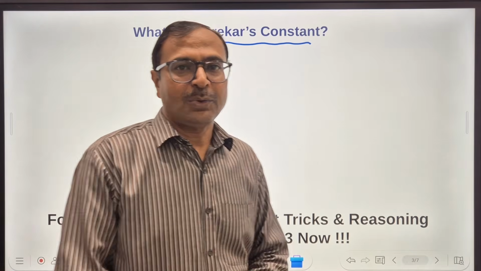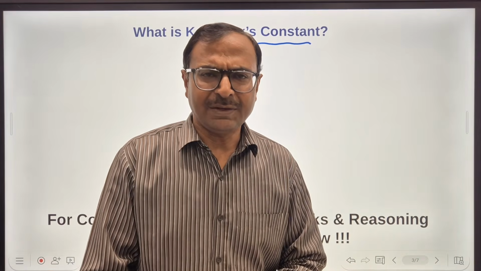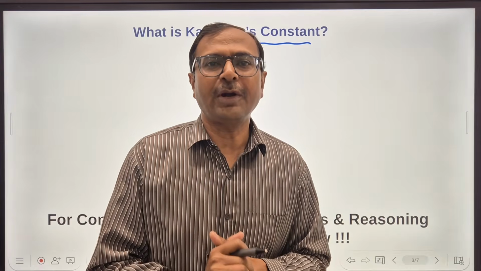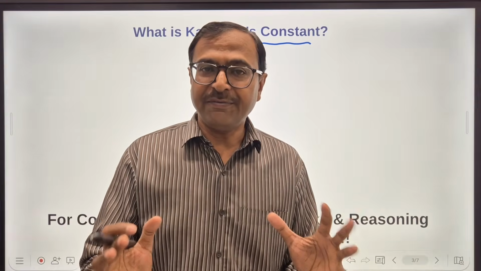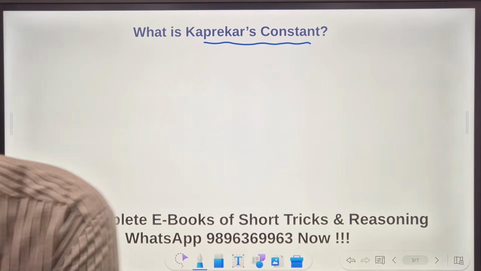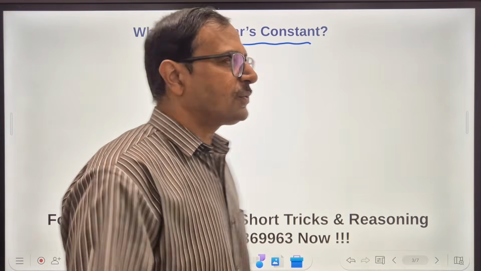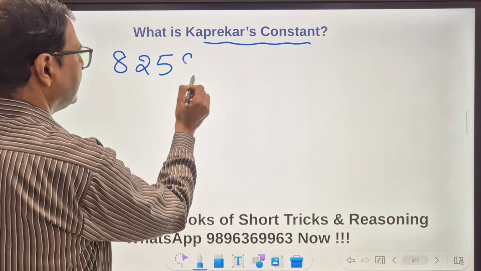So Kaprekar told us that if you take any 4-digit number in which at least 2 digits should be different, it should not be like all the digits are the same, at least 2 digits should be different. So I'll take an example and show you what the actual thing was. Suppose we have a number like 8258.